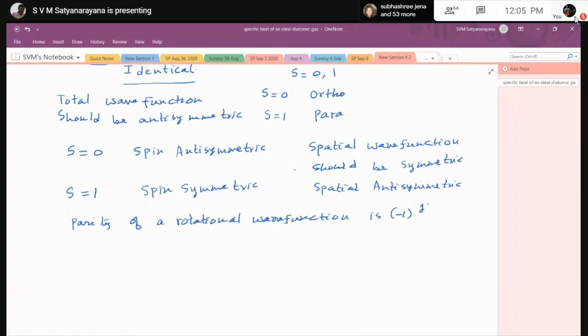If you want it to be antisymmetric, then J has to be odd. So because of this, you should find out two different rotational partition functions.